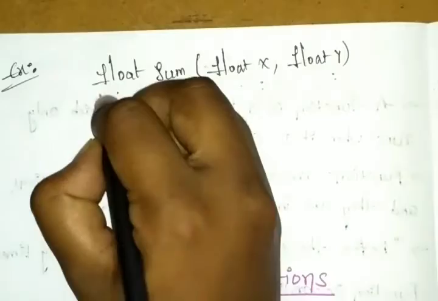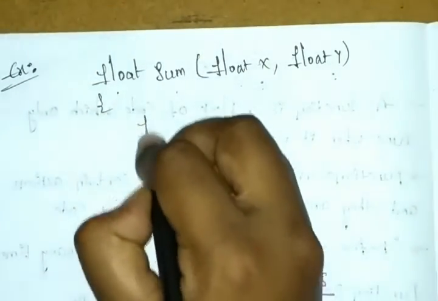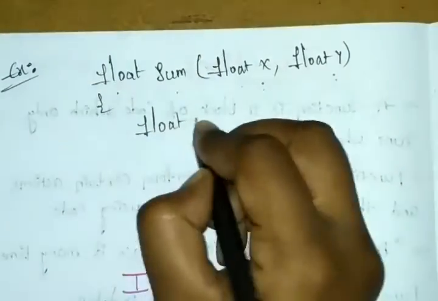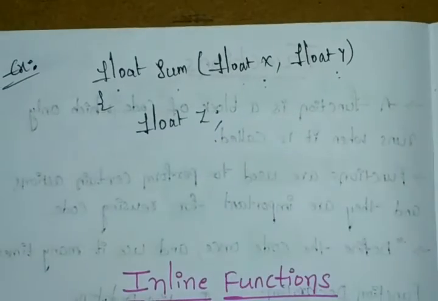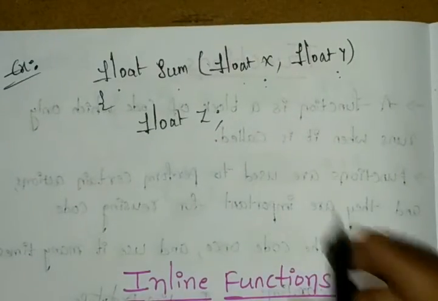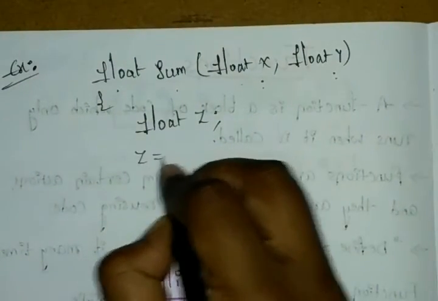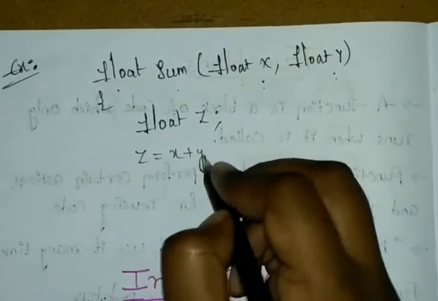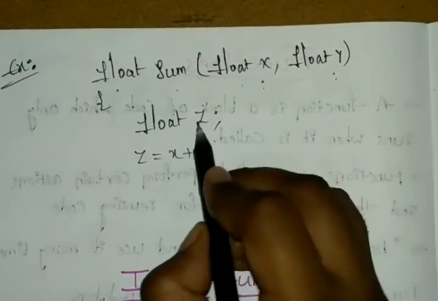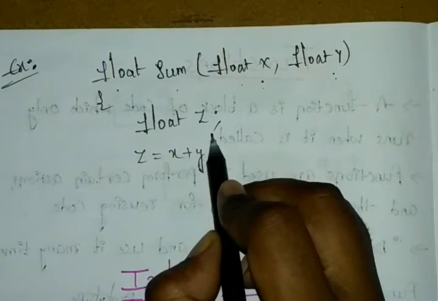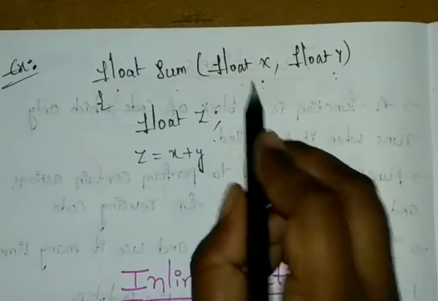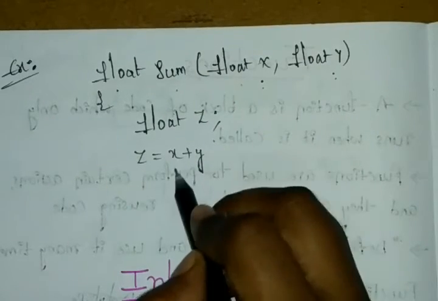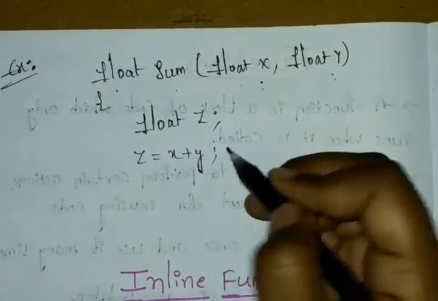And here I'm passing a variable, that is float z. So this float z is taking the values of x and y. So here z is showing the sum of the two numbers. So here we took x and y, and you can include those here.